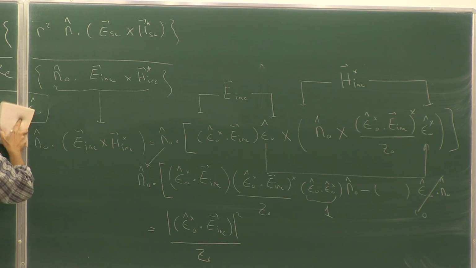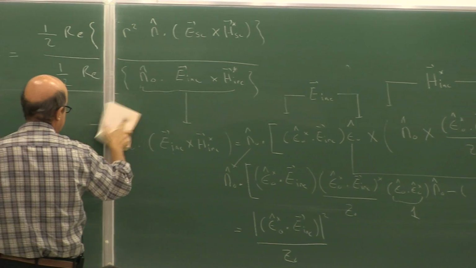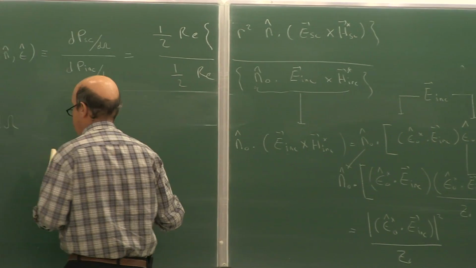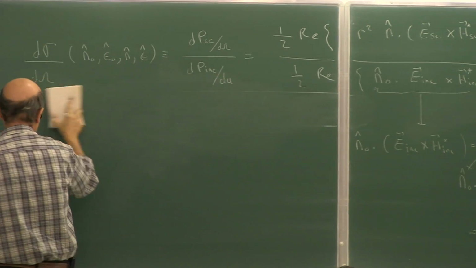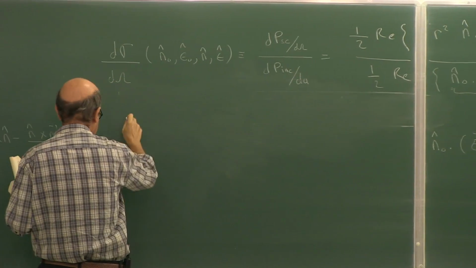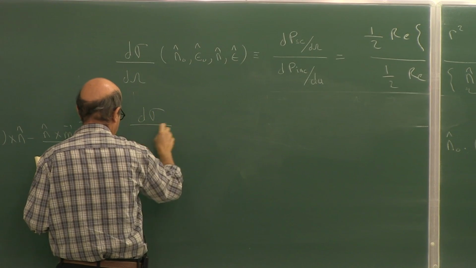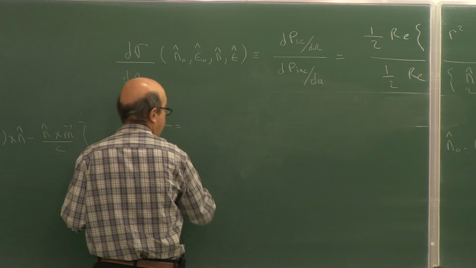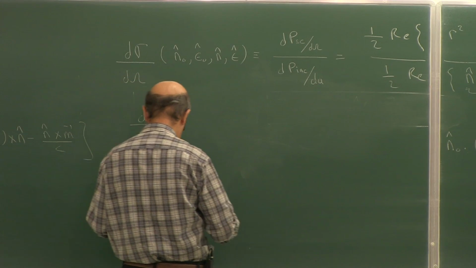If you do the same thing for the scattered waves, you will get the same structure. Therefore, the scattering cross-section per solid angle will have the following form.